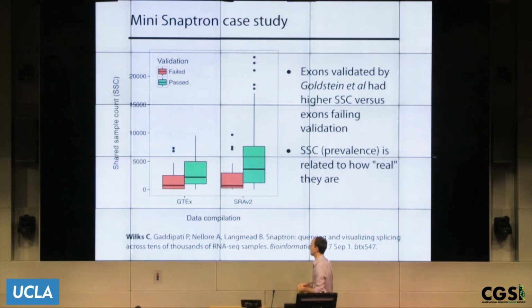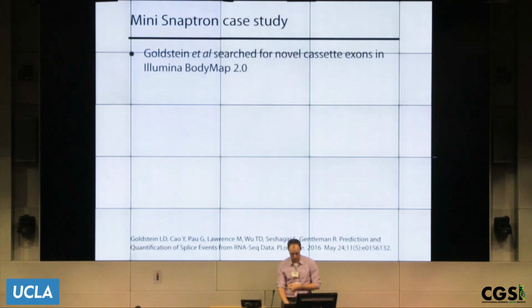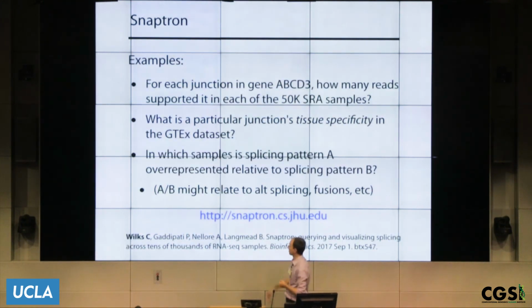Sometimes we use it like here because it gives us a good coverage of cell types. If you want to ask, does something occur at all, it's nice to have that somewhat even coverage from different cell types. But sometimes you want to know, is there specificity to a particular tissue? So this second bullet here is a very particular query: if you have a splicing pattern and you want to know, is it tissue specific in GTEx specifically? That's one of the questions that you can ask. We try to enable people to do that.